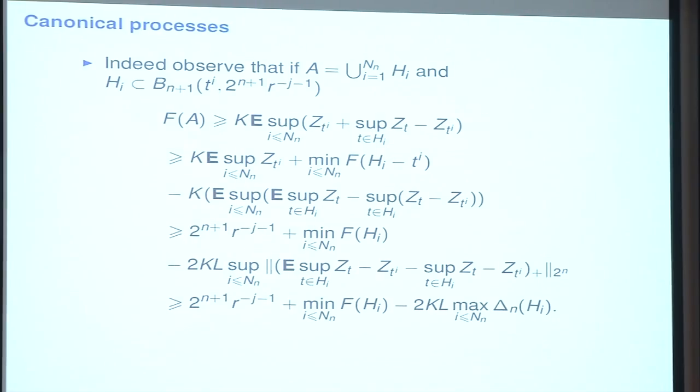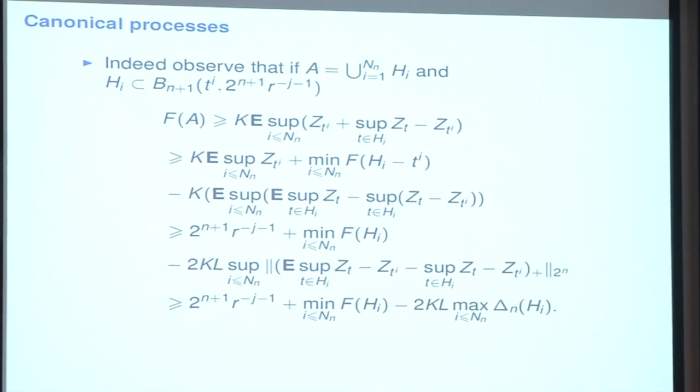And now, if we have a supremum over a given family of points, the same idea as Tomek Kochanek told us will lead us to the fact that if there are many of these sets, and many means controlled by 2 to the power n, then we can replace this quantity by the supremum over all possibilities. But here I have to put 2 to the power n moments. So the inequality is of this type, with some constant here.